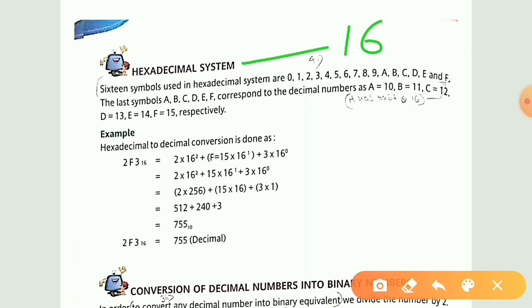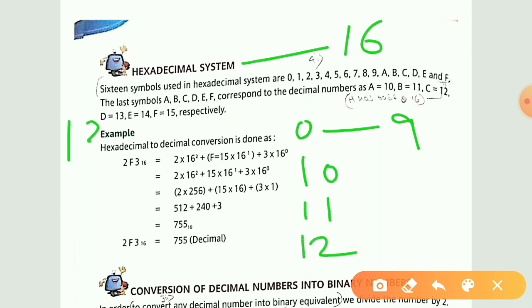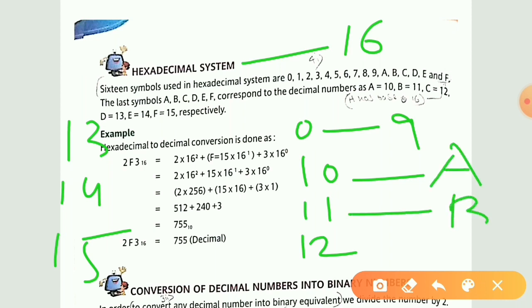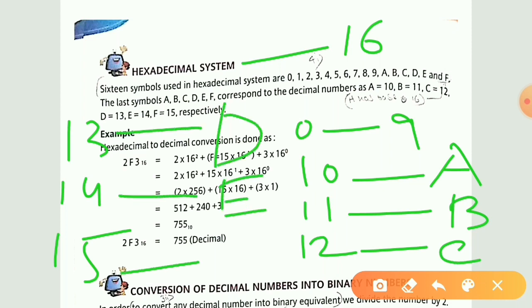Firstly it holds 0 to 9 digits as in your decimal number system, and for 10, 11, 12, 13, 14, 15 it has letters. For 10 it gives capital A, for 11 capital B, for 12 capital C, for 13 capital D, for 14 capital E, and for 15 capital F.